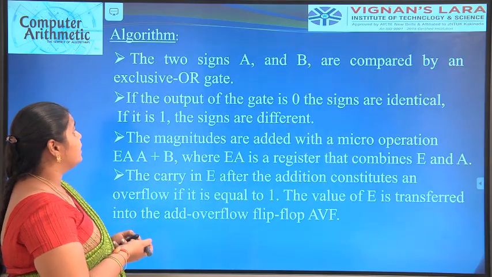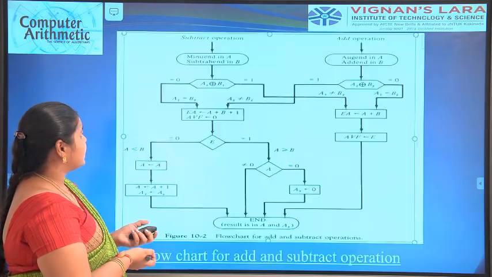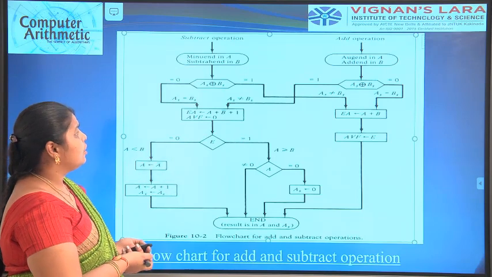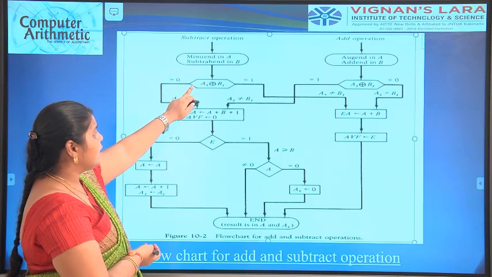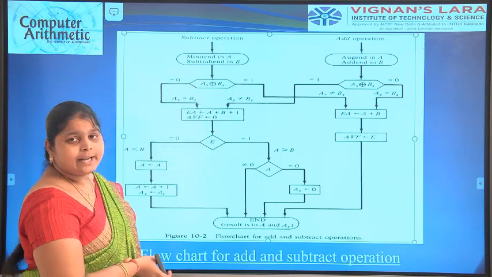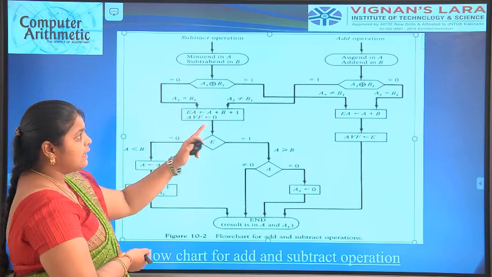Okay, this is the algorithm. The diagrammatic representation of the algorithm is here. Here is the addition operation and the subtraction operation. Here we take both operands A and B in addition and subtraction operation.